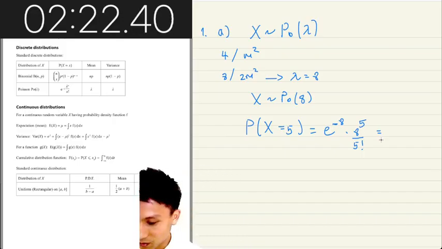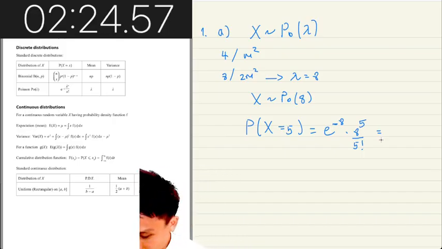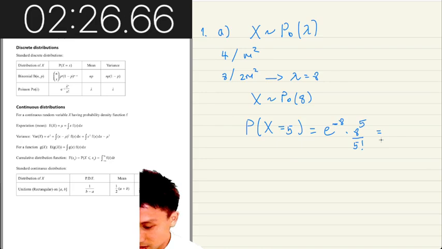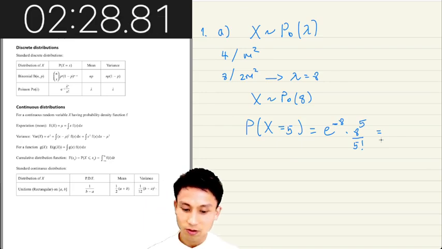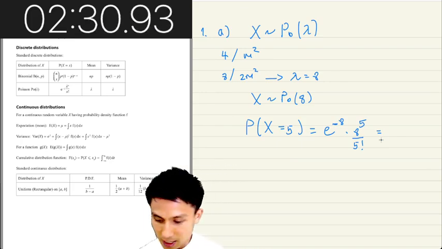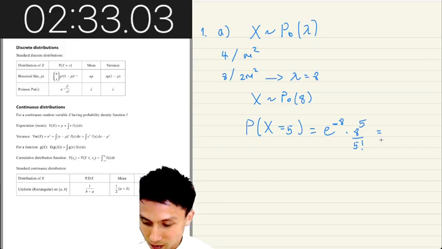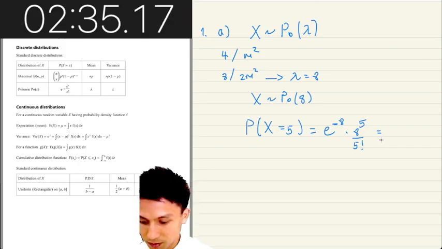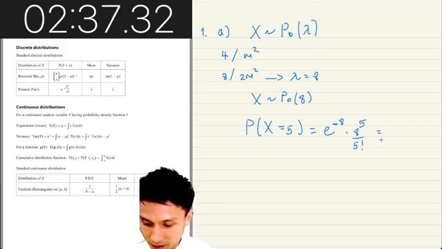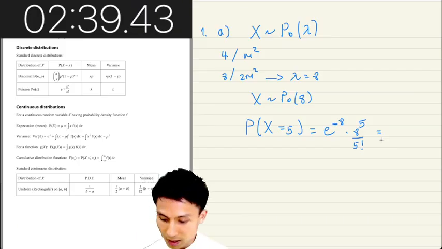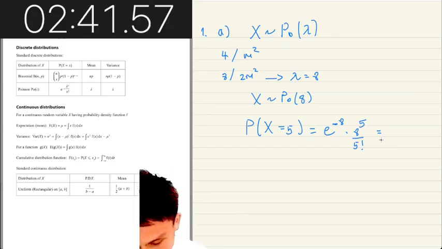Calculator. Okay, so fraction. E, where's e? E to the power of minus 8. Then multiply by 8 to the 5, and then divided by 5 factorial. Where's factorial in here?